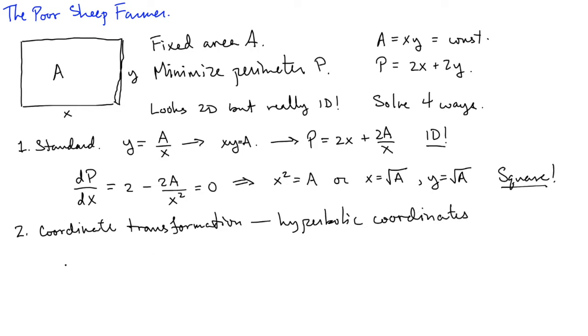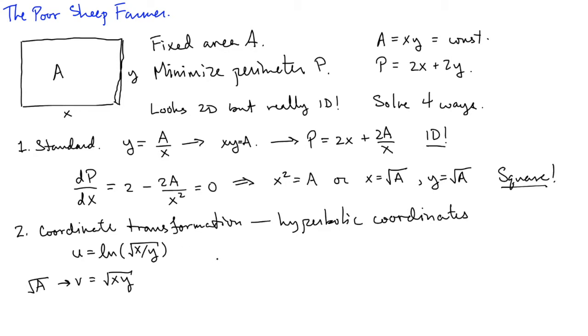So hyperbolic coordinates, for which we have u is equal to the natural log of the square root of x divided by y, and v is equal to the square root of x times y. And you'll recognize that this v is really just the square root of the area. So this hyperbolic set of coordinates is a special set of coordinates in which one coordinate is just equal to the area.